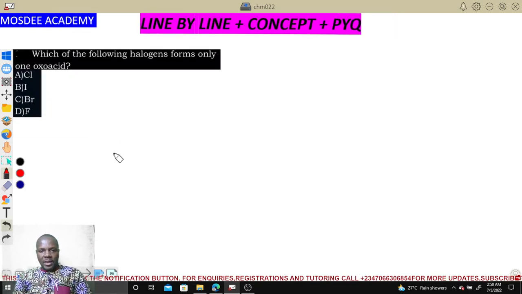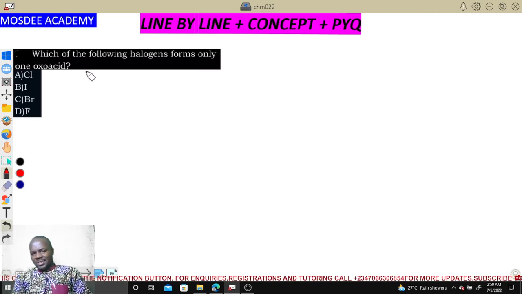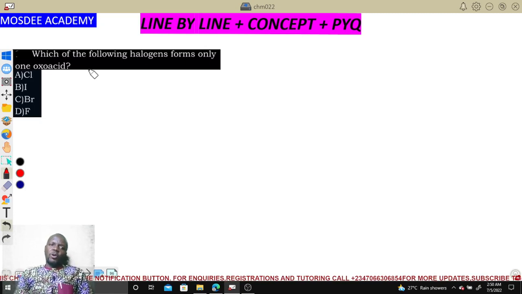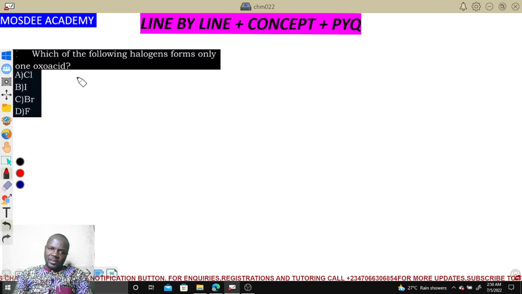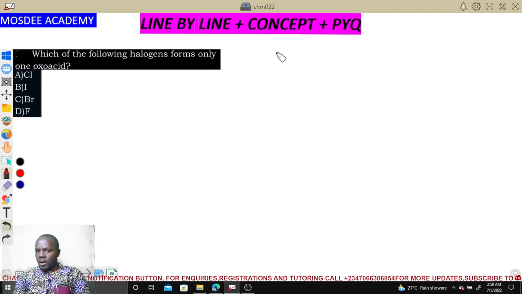The next question says, which of the following halogens forms only one oxo acid? Now, oxo acid, let me just help you out. Fluorine combined with oxygen gives us OF2 and O2F2.